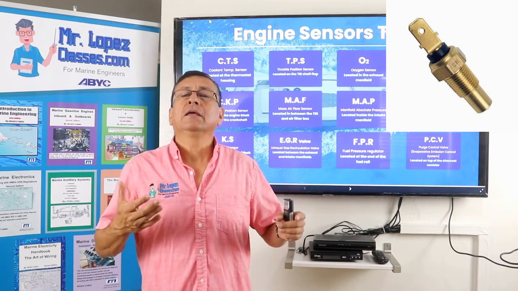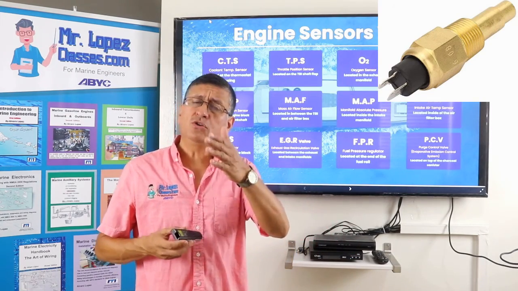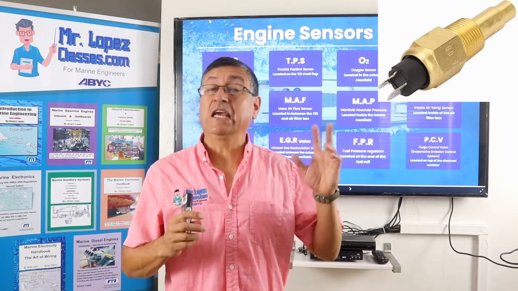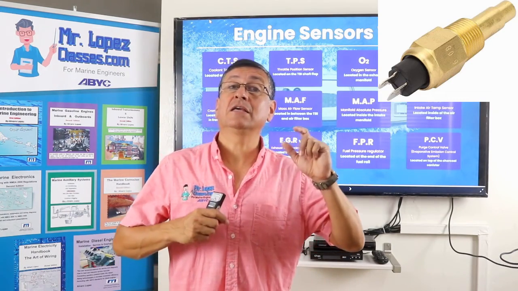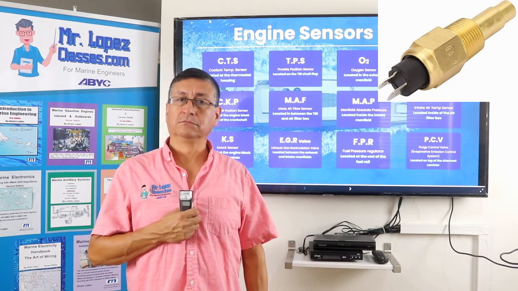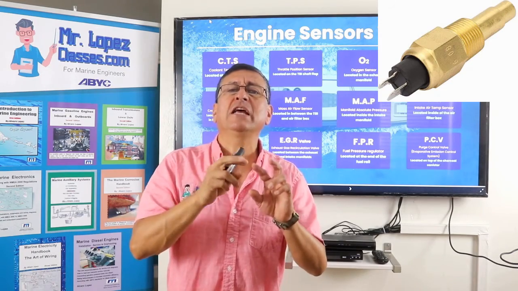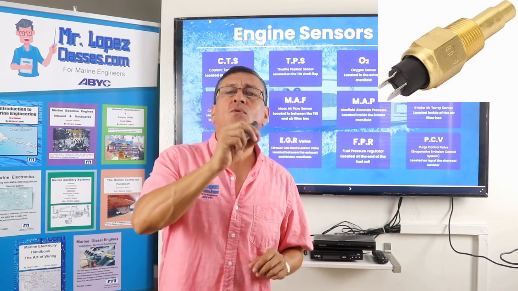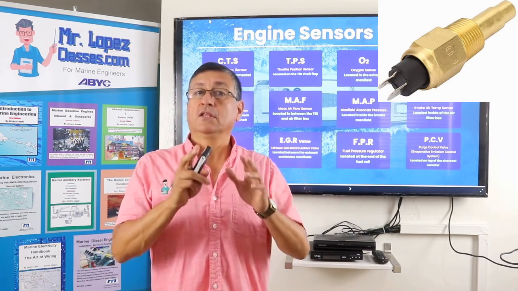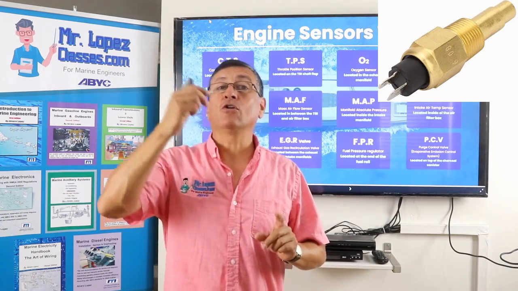Yeah. There are sensors with two terminals. Those sensors work in some cases with the gauge. One terminal is ground and the other terminal is the signal. Normally, it doesn't matter which terminal you select. You can select one for ground and the other one for signal. Those sensors can be used for the gauge or for the computer.